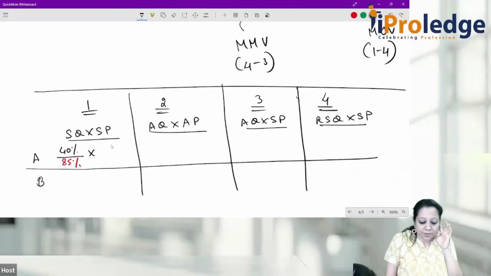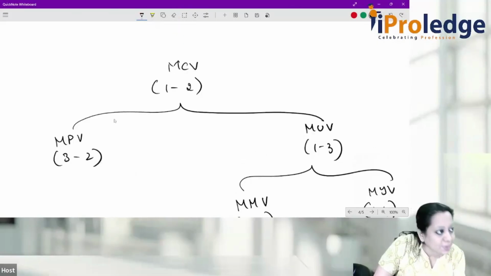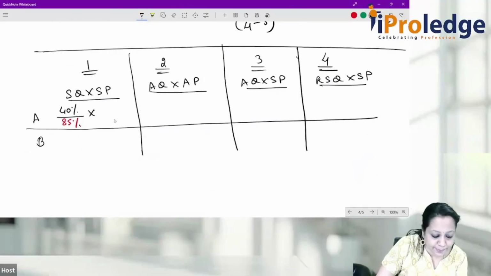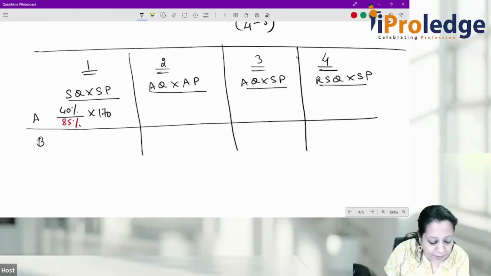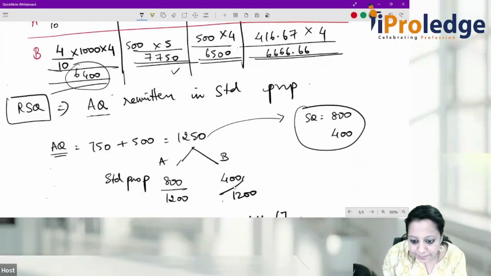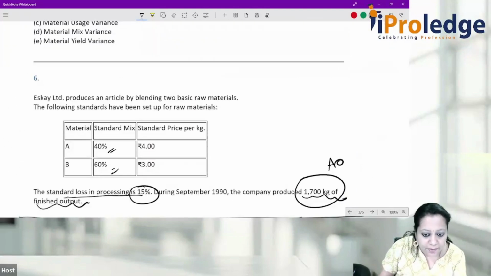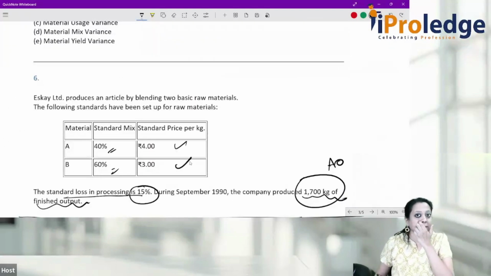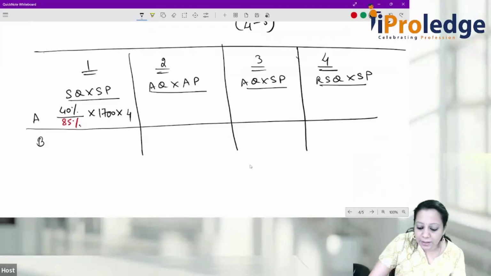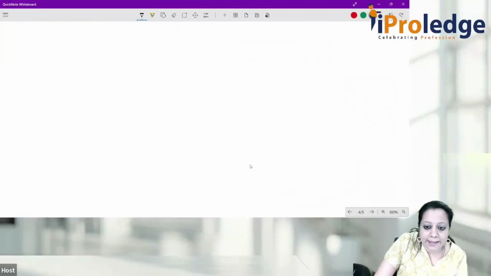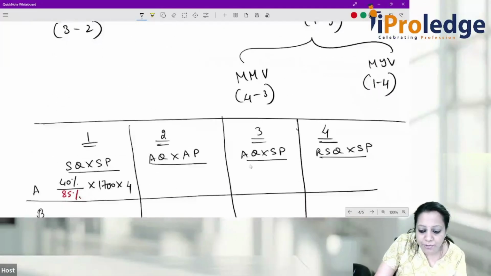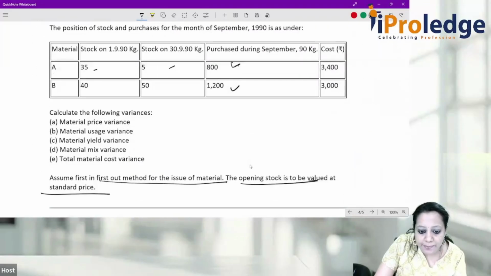So actual output is 1700. 1700 into standard price given in the question, 4. Yes, dear. I will just show for people who are searching for 4 and 3, standard price. Okay. All right. So 1700 already while reading, I think we discussed about it. I'll just show for people who are new to the topic.